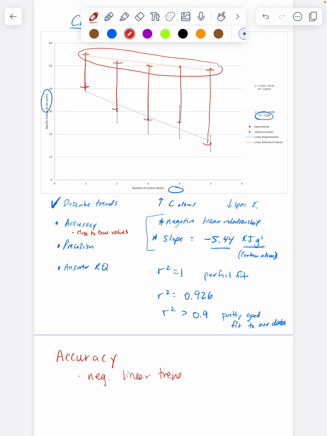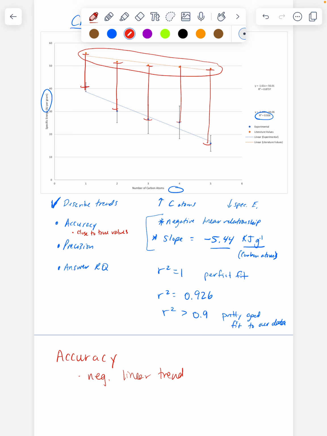Even if it's not perfectly linear, this negative trend that is close to a linear relationship seems to be present in both our experimental data and the literature values. So that's something I can point to about my data that seems pretty accurate. As the number of carbon atoms increases, the specific energy decreases in a mostly linear fashion. So there is some aspect to our data that seems to be accurate.